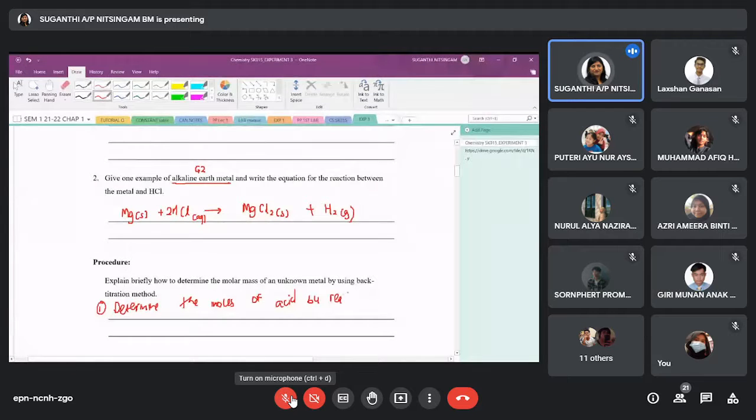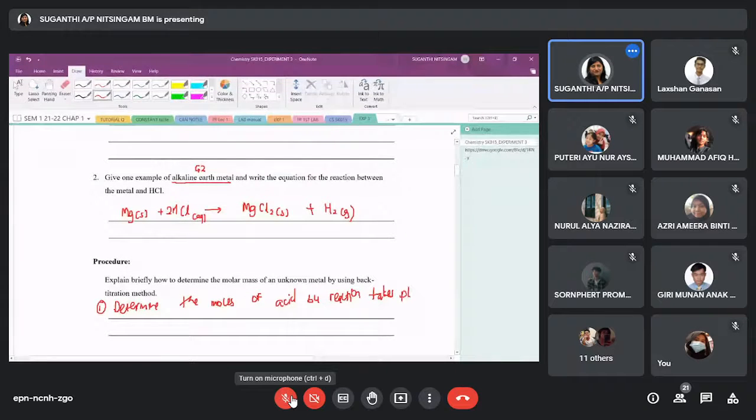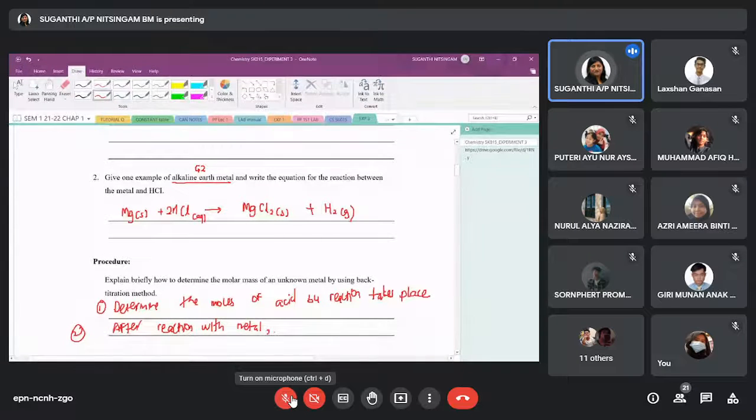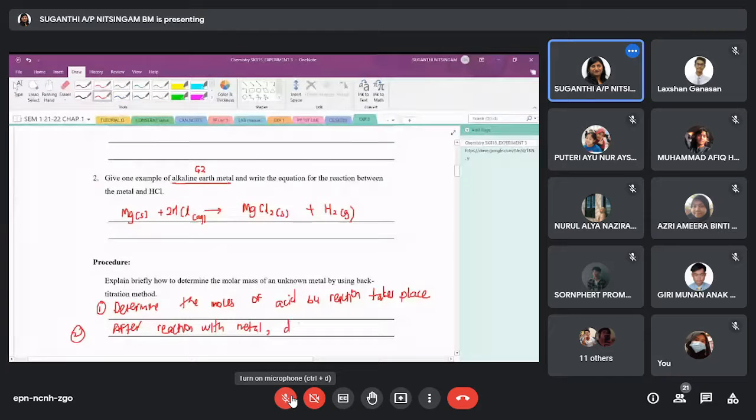What we have at first, we take that first. And then once we are done with that, after reaction with metal, we will see the excess. We will determine the excess unreacted acid.